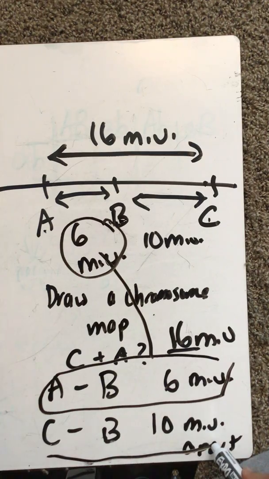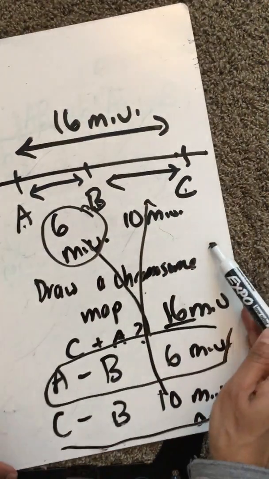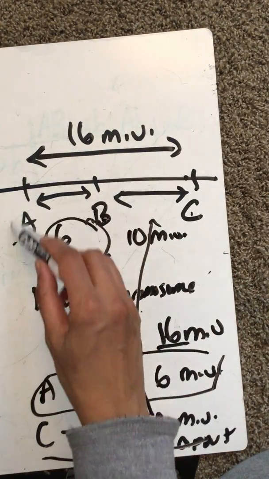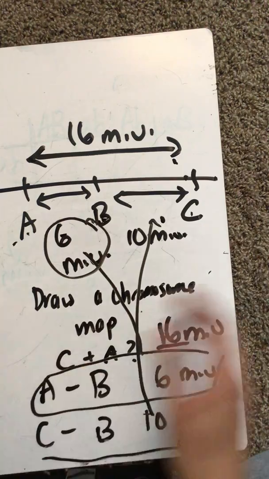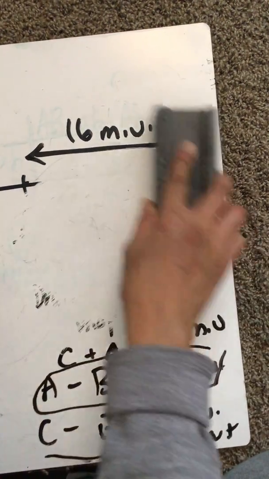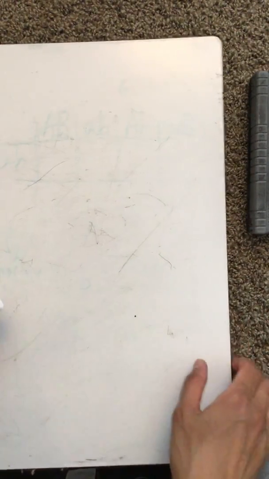The distance between C and B was 10 map units. Therefore, it's totally possible that the distance between A and C is 16 map units. That's how this kind of works. So I'm going to give you one that is off a diploma exam.